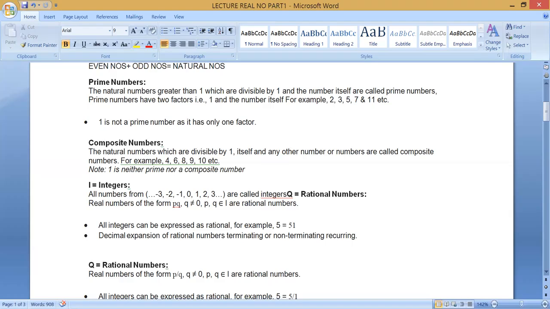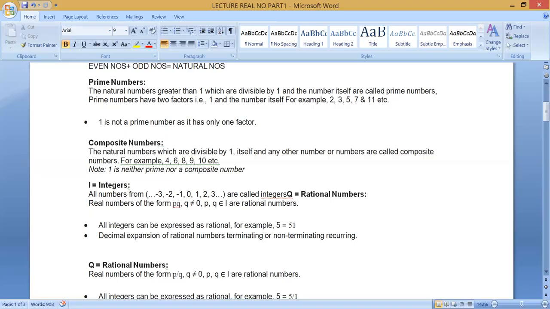After prime numbers, we have one more thing you should keep in mind, which I will explain, that is co-prime numbers. Co-prime numbers are the numbers which are divisible by 1 only.